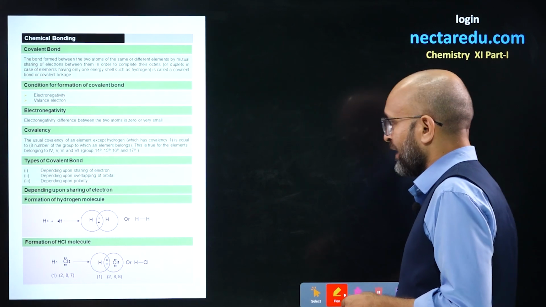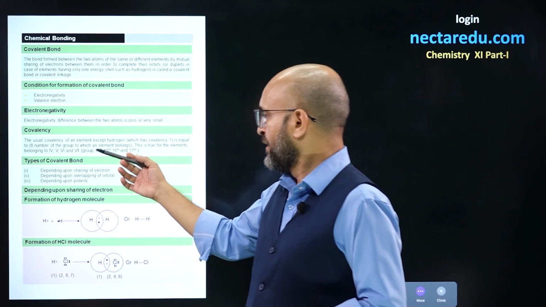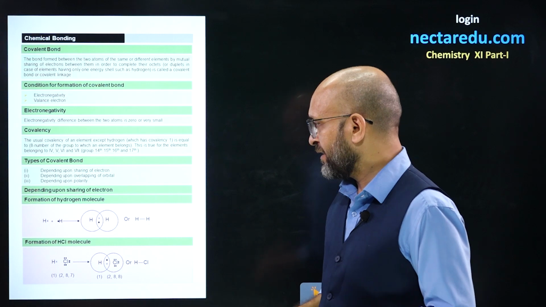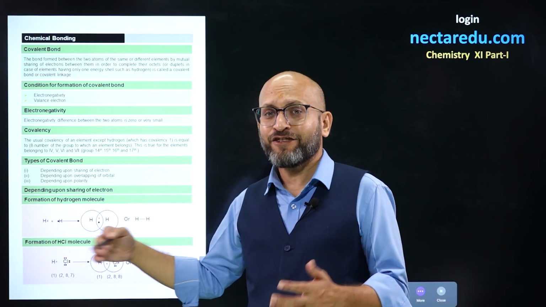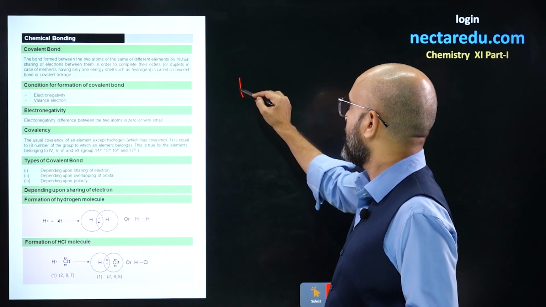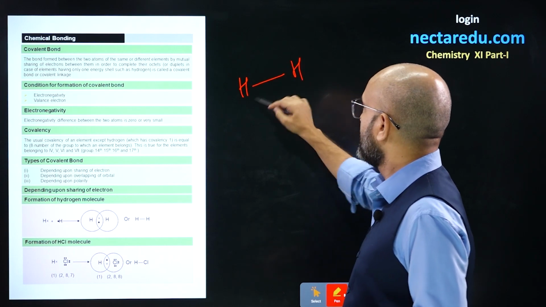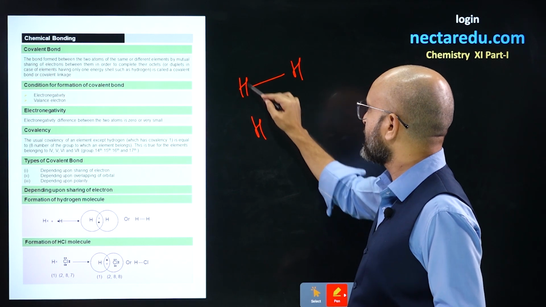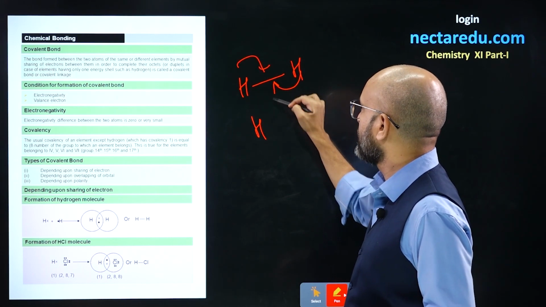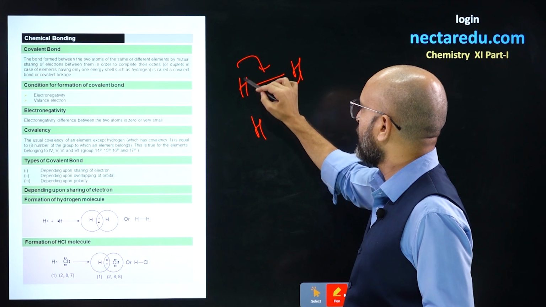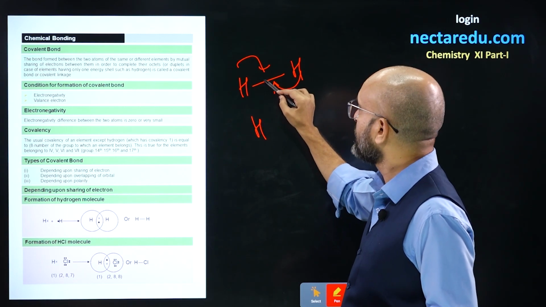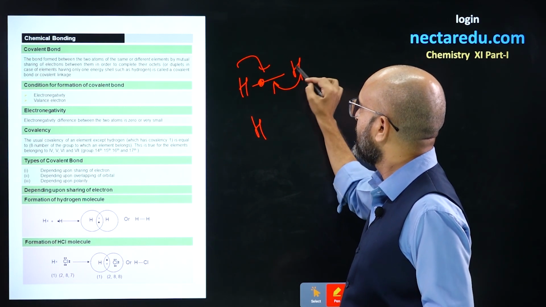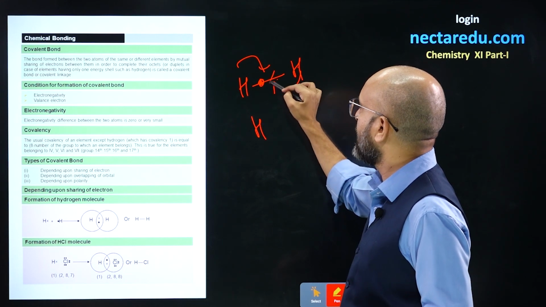Now we have a few molecules out here, as in the hydrogen molecule. So we have the hydrogen molecule like this. One bond is formed. That means one electron is given by this atom and one electron is given by this atom. Let's say I represent the electron given by the first atom as a dot and the electron given by the second atom as a cross.